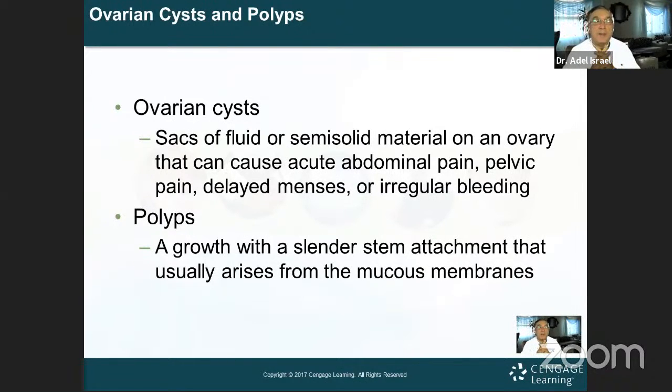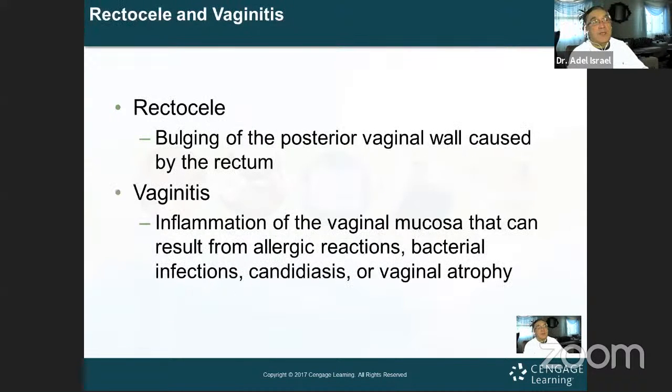Sometimes we have polyps, and polyps look like fibroids, but are small and have a pedicle of attachment. This pedicle of attachment is very important, because sometimes we can remove the fibroid, we can remove the polyp, we can remove anything, and sometimes it is inoperable, so we have to remove the uterus as a whole. So take care in such a way.